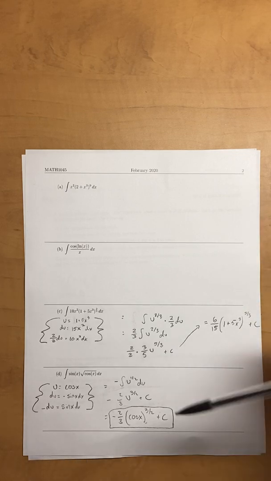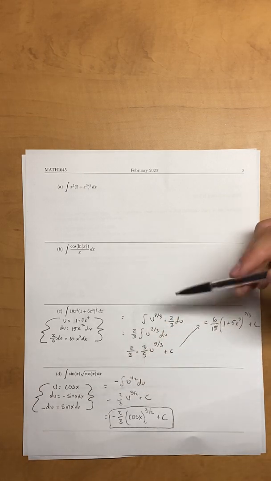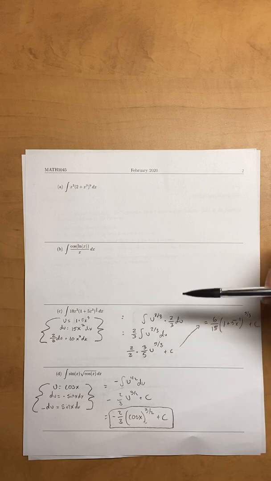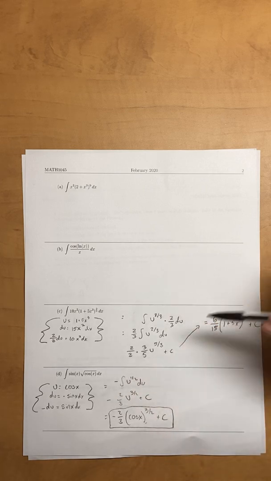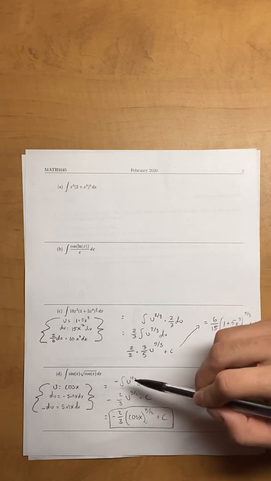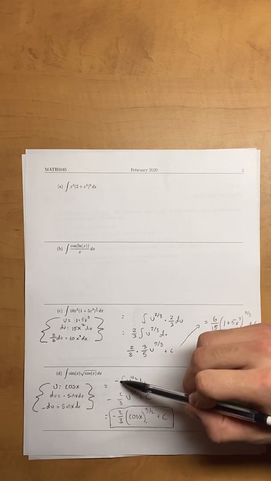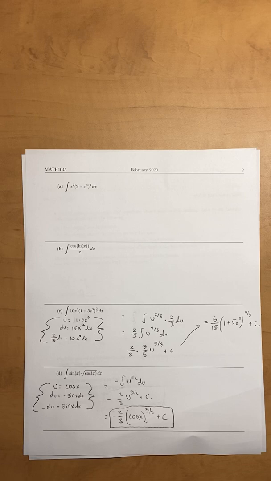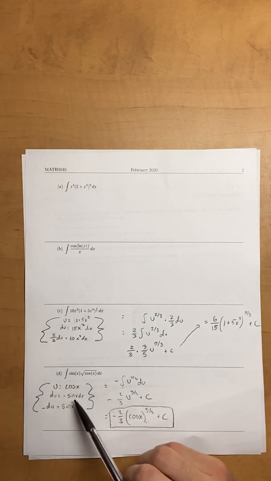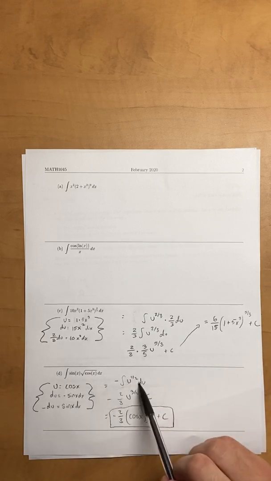And from here, I substituted in u for cosine of x, and I also changed the square root to a 1/2 power. So I did u to the 1/2 power, and then I had the negative sign, and I kept that out, and also the sine is covered through the du.